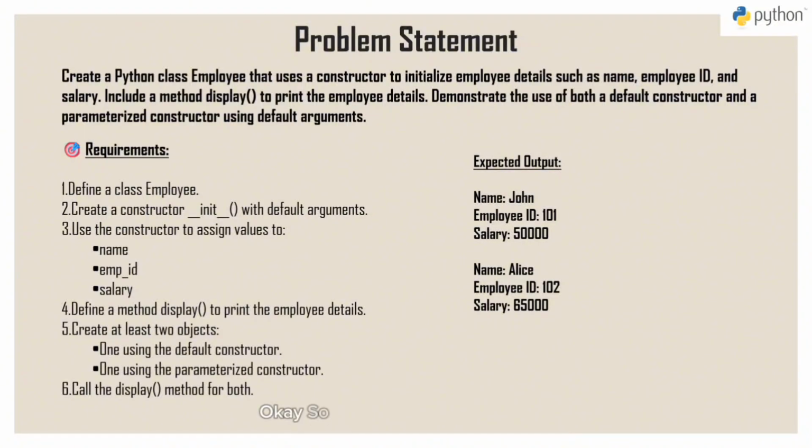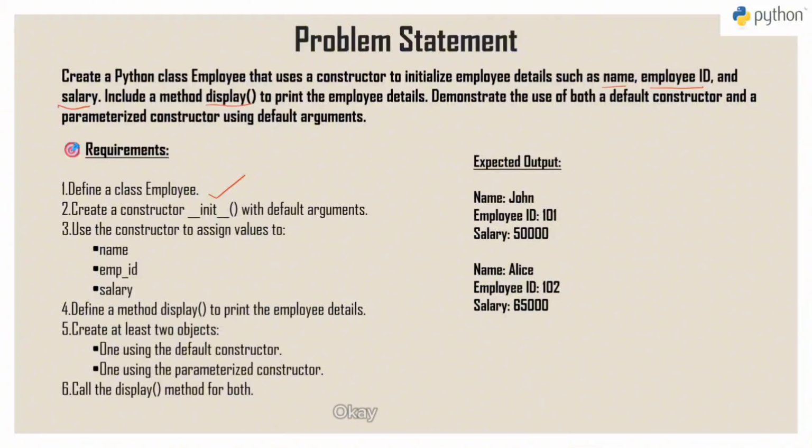In this problem statement, we need to take a class employee with some details like name, employee ID and salary. For displaying, I need to use a method display to print the employee details.